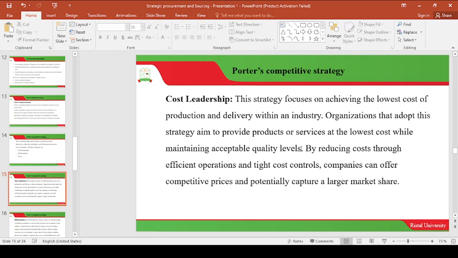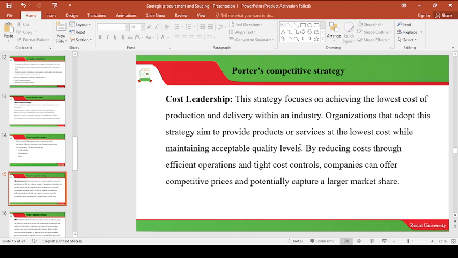They maintain the level of quality that they offer, but they minimize other costs that will make the cost of production high. They also look at the supply chain to make sure that they cut costs associated with it. By reducing costs through efficient operations and tight cost controls, companies can offer competitive prices and potentially capture a larger market share.